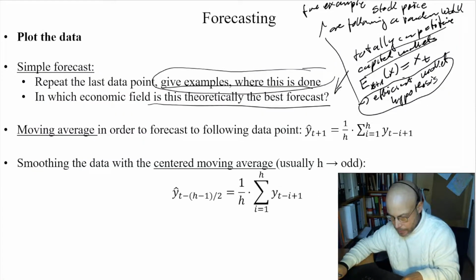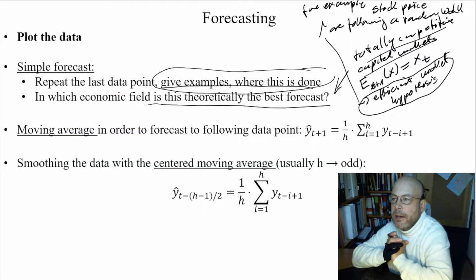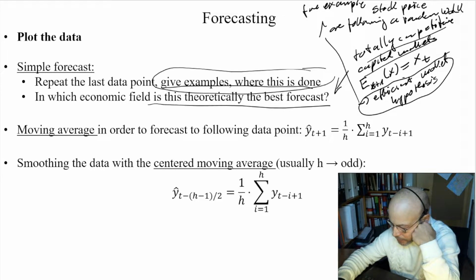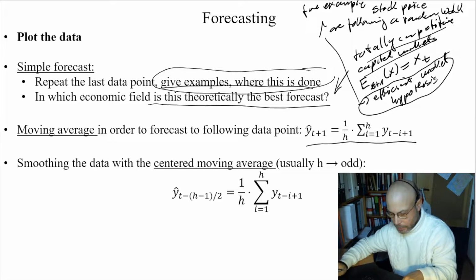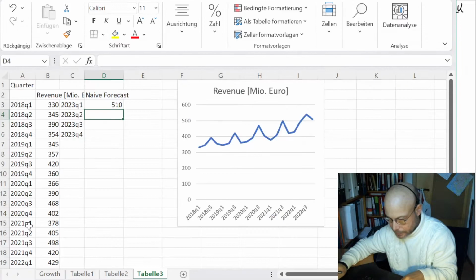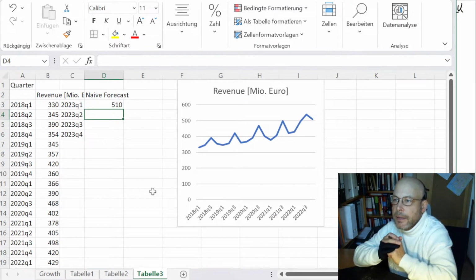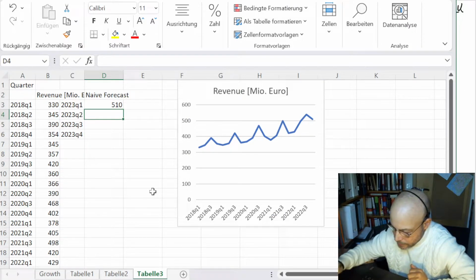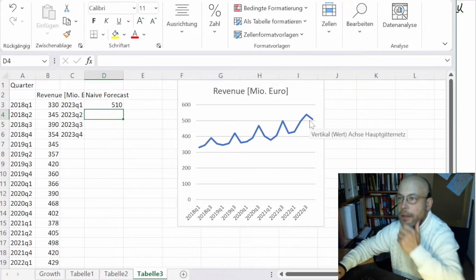Okay, but then of course we also have other methods, and another method would be the so-called moving average. And for this, if we look at this data set, then we see here that we have maybe something like this seasonality.